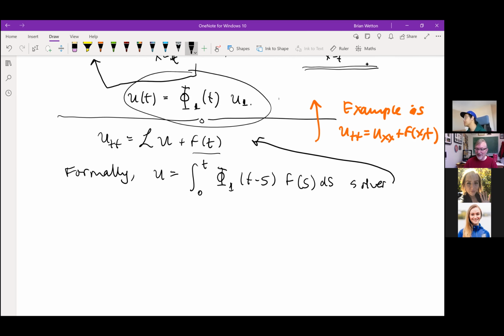Is there an intuitive explanation as to why phi1 is the winner? I'm sure there is. I haven't got one in my head. For me, this is just the algebra, how it works out. It's an excellent question.